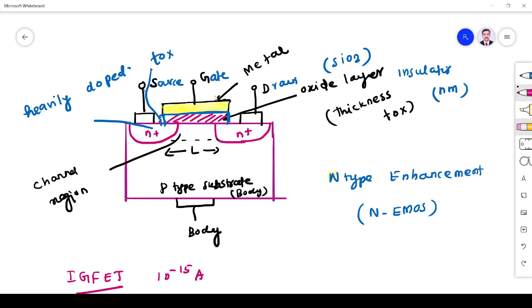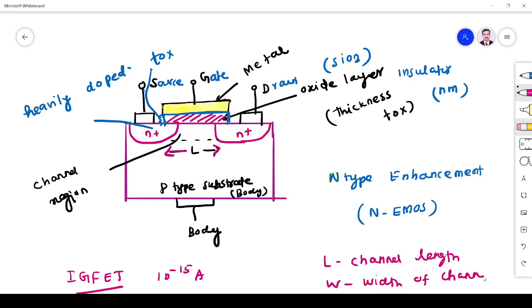Okay, so next thing we have to remember is the length. Where the depletion region or the channel will be formed, the channel length is L. So this is another important parameter we have to remember. So L is channel length and W is width of the channel.